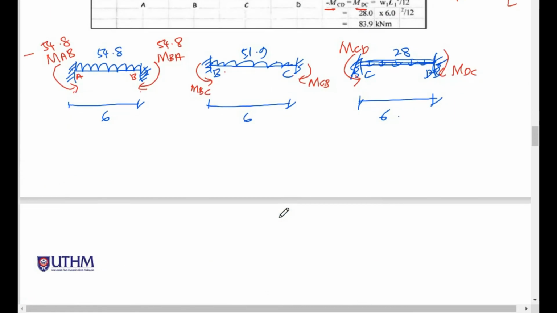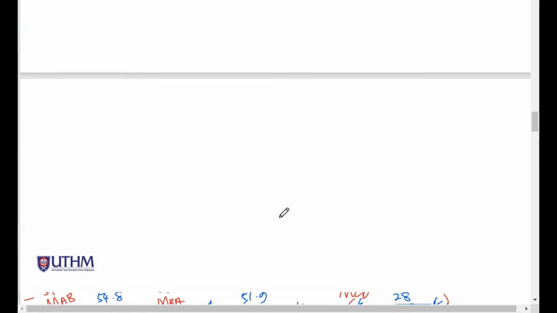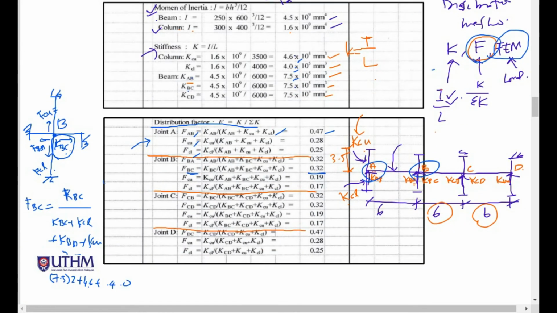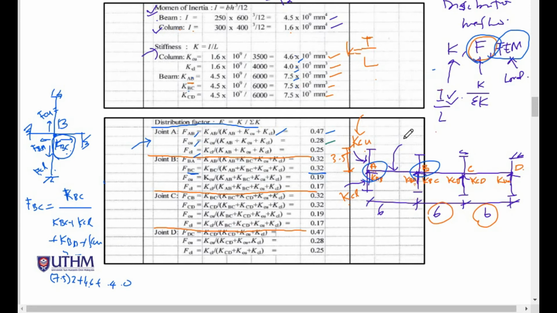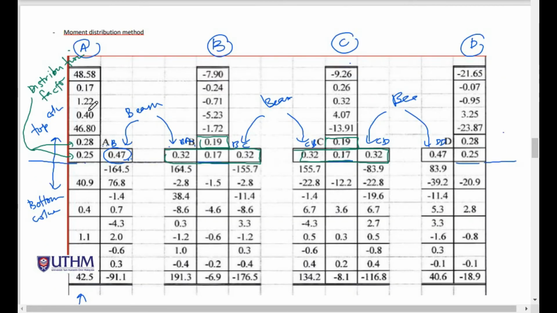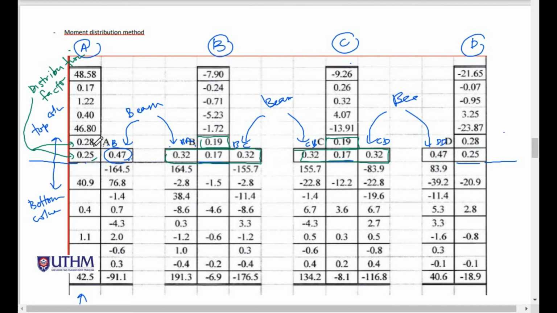FCU is the distribution factor for upper column, which is 0.28, and lower column is 0.25. Then you continue with joint B, C and D.